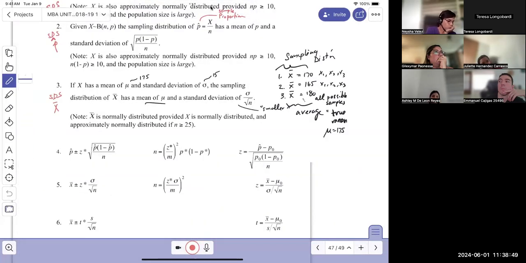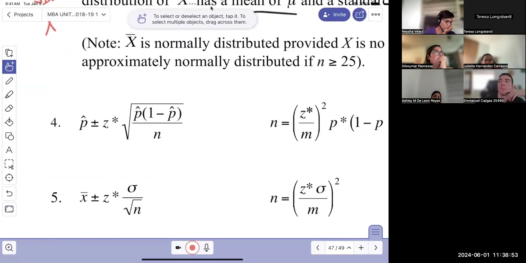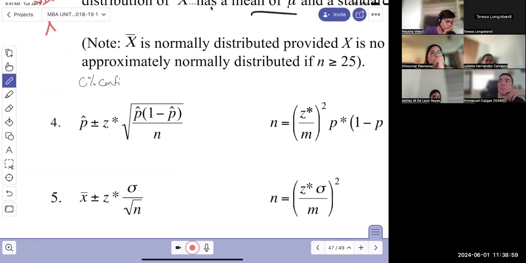Okay, so here we have the first item on row 4. This is known as a C% confidence interval. It's one of the things you have to calculate, or you are responsible for in inference.